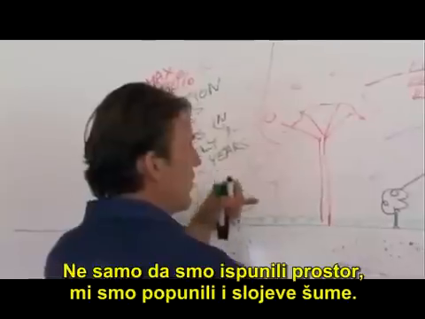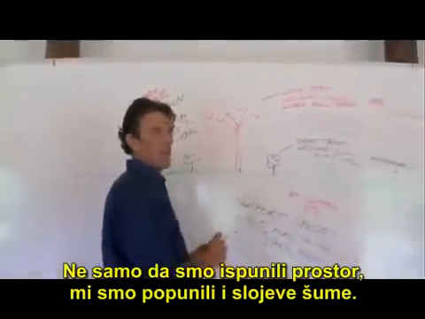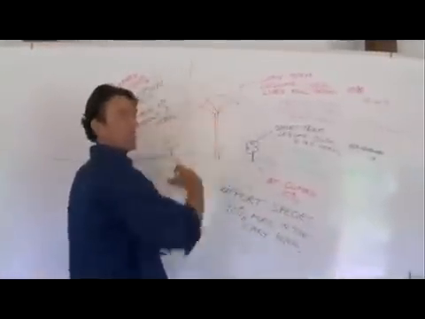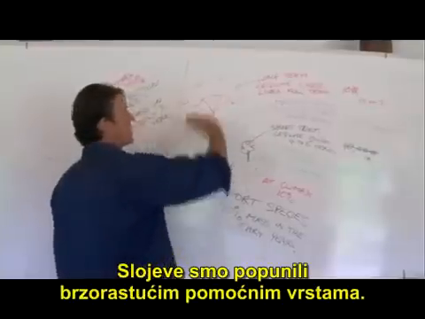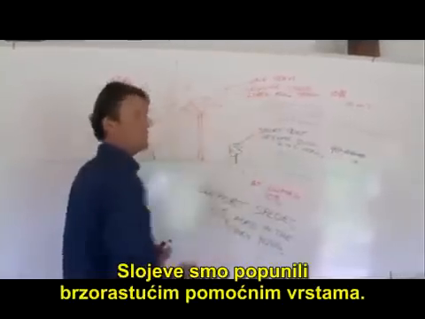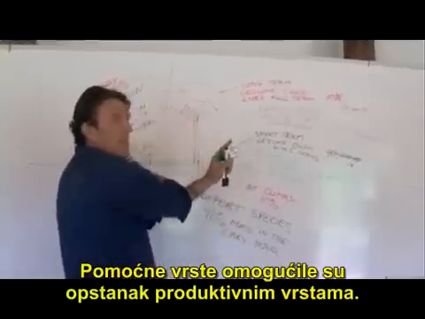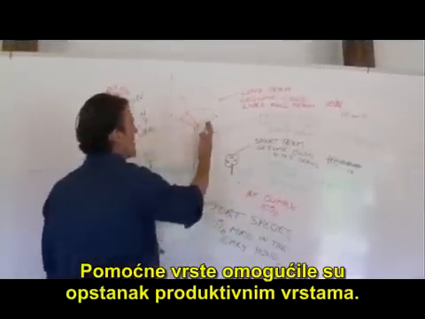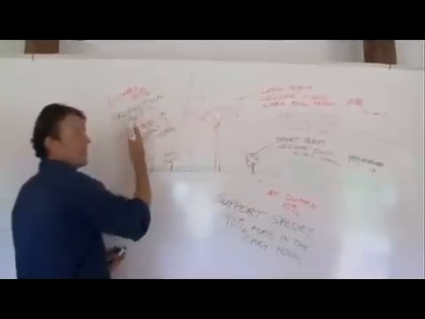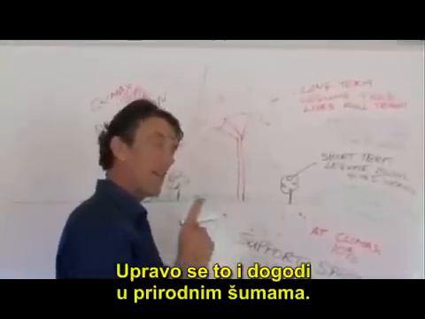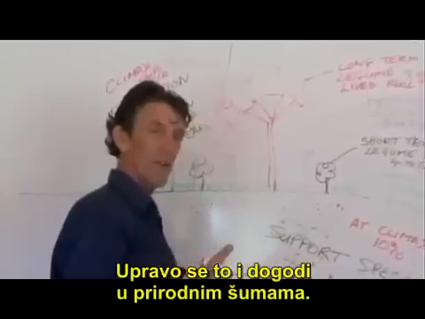We've not only filled the space, we've stacked it in layers. We've kept the layers full with the fast-growing support species. We've switched the spatial relationship. So these trees have nurtured the productive trees into existence. That's exactly what happens in a natural forest.